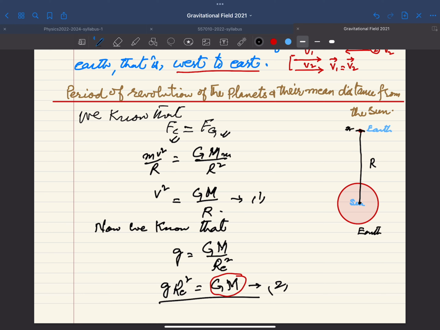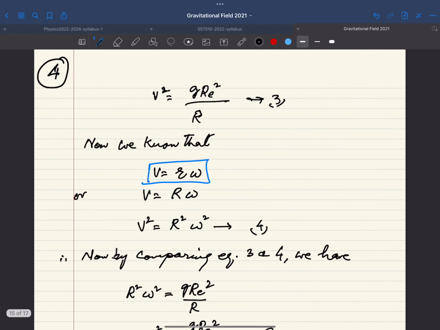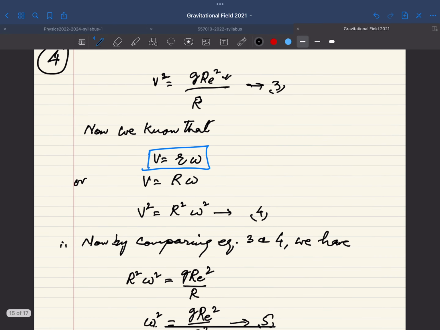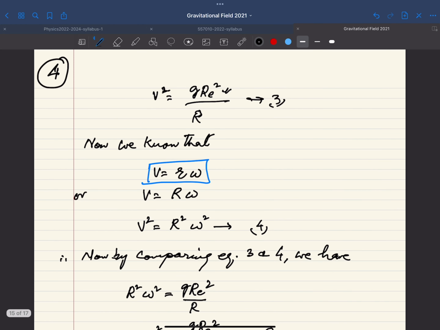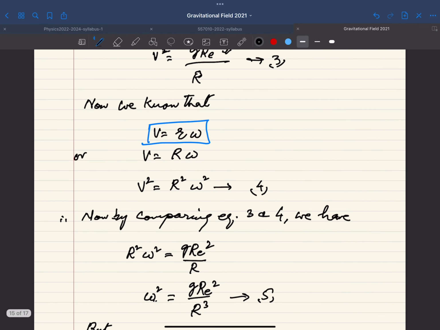So for any system which we are considering, if you are considering RE, then of course for the sun the satellite is earth, and so on.